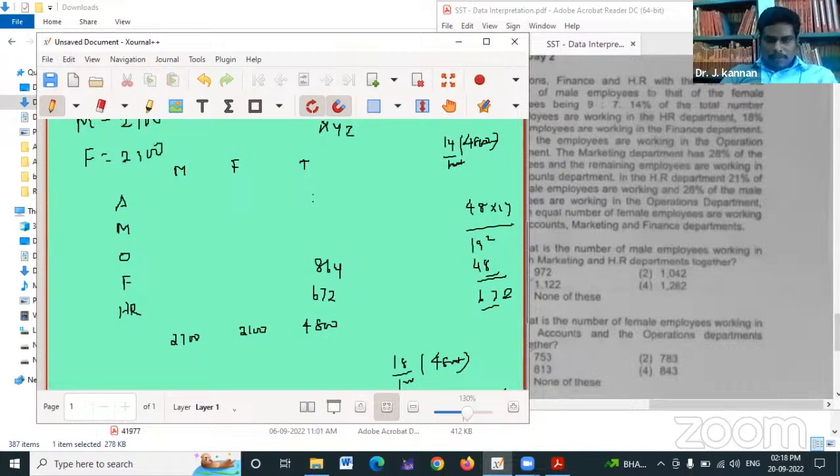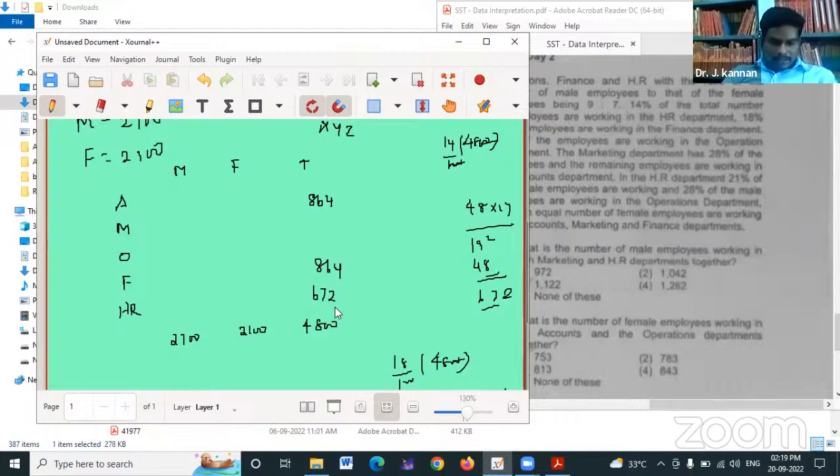The accounts department has 864 because the same percentage, 18%, applies to accounts also. 14% is the HR department, 18% is the finance department, 28% is marketing, and the remaining part is 18%. Therefore the accounts department and the finance department have the same number of employees.